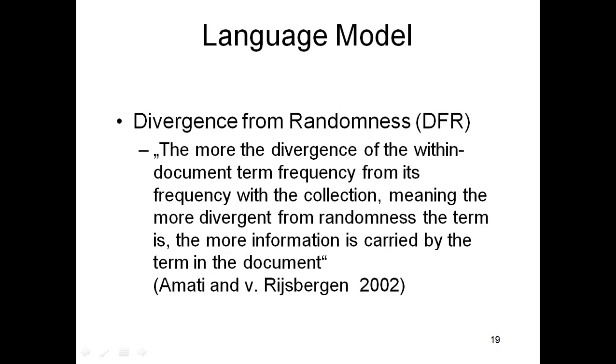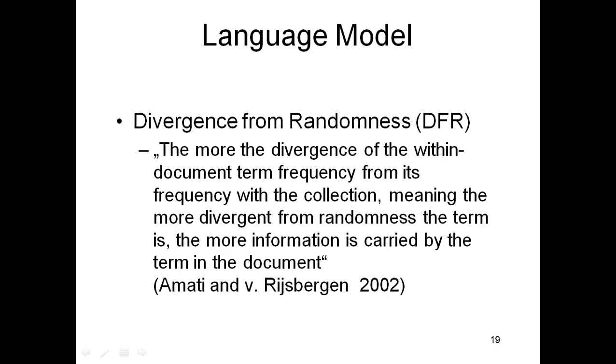Okay? So the distribution of probabilities of a word is different between documents. Everybody uses different words, depending on the topic that they write about. And if the language model of my document is different from the general language and somebody's asking for it, then it's really likely to be relevant.